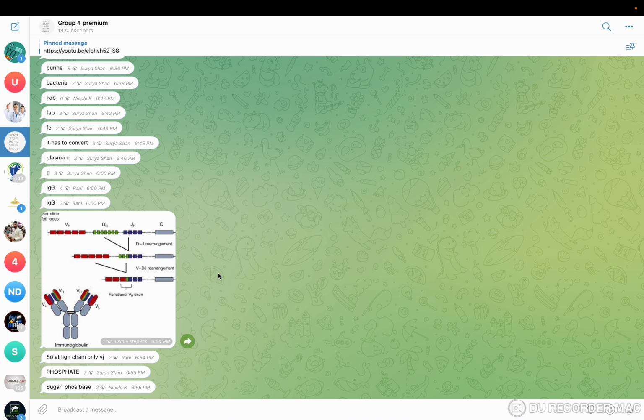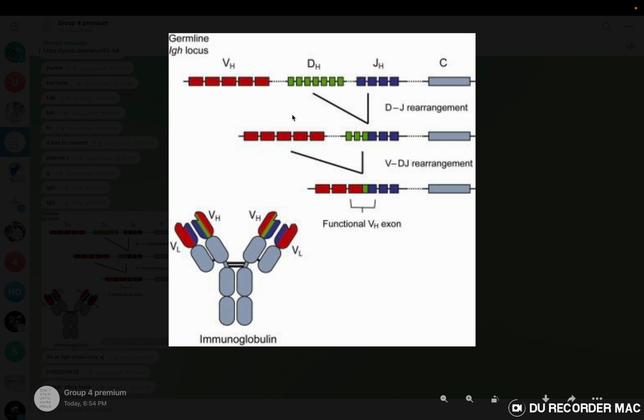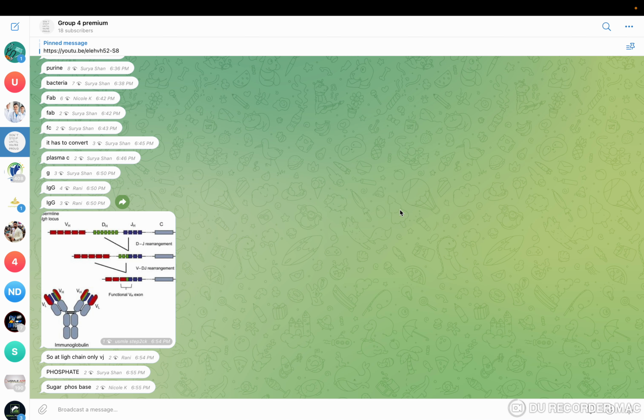You don't have to go too deep in it. You just need to go deep enough to know that this VDJ recombination leads to the diversity of the antibody, and you need to know at which locus it's located, which is which region? The Fab region. That's what is required from you to know. That's what they ask in your exam.